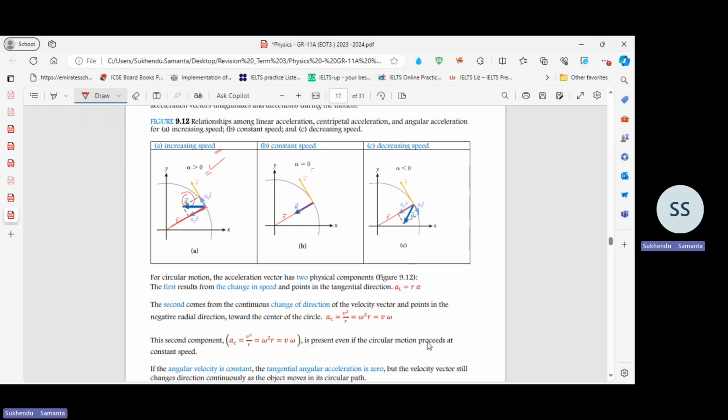But when your alpha is 0, that means omega is constant. Then the net acceleration is exactly towards the radius, the drawn radius. Now here at this point, the net acceleration is downward when the object is having negative angular acceleration. That means it is slowing down.